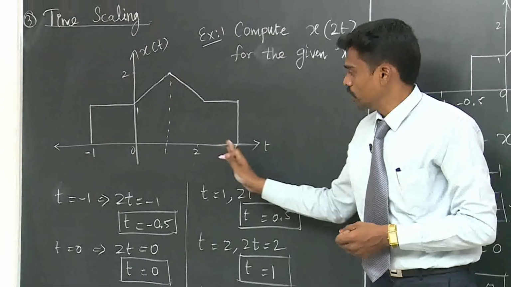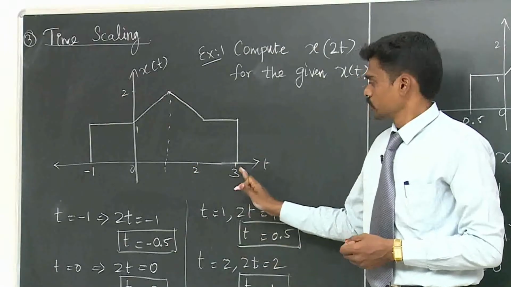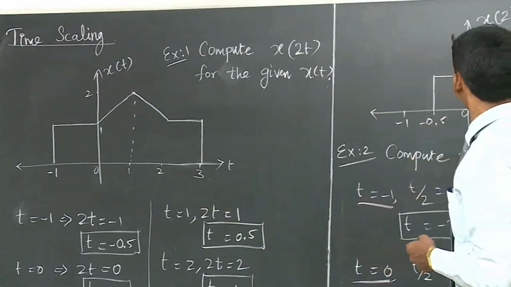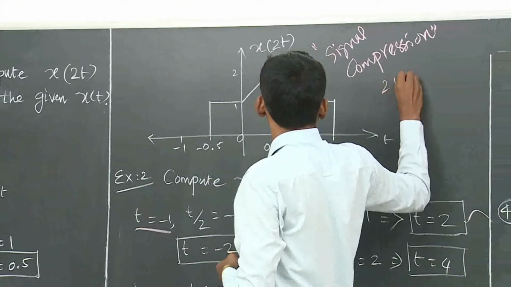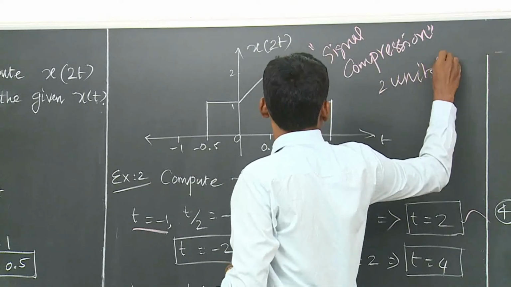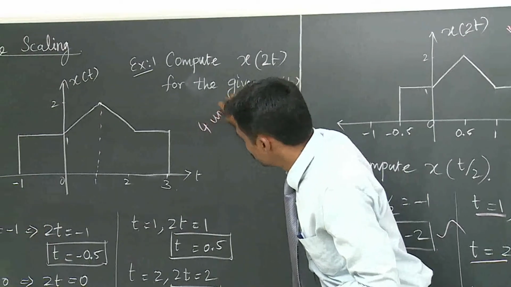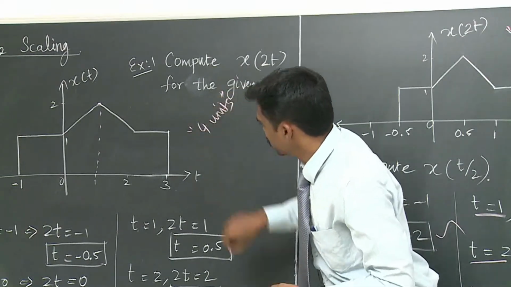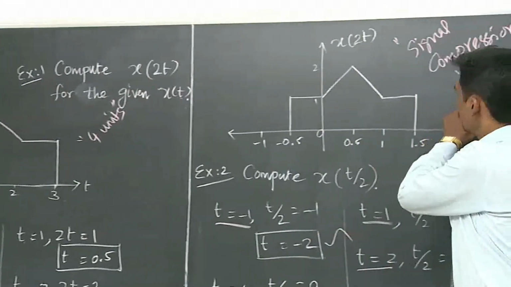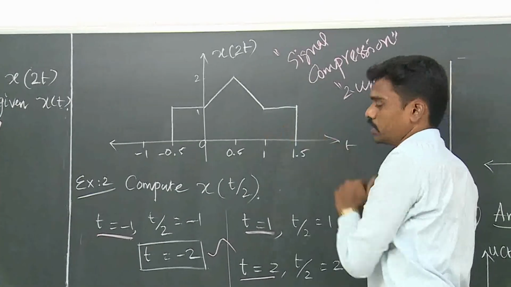I have told you already, 2 units in the compression. The actual duration in the given x of t signal is 4 units. Here it is compressed to 2 units.